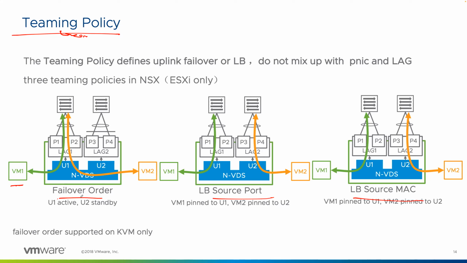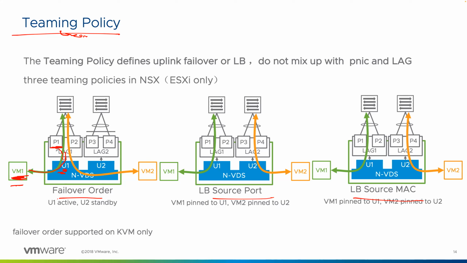If we look at the failover order, you can see VM, virtual machine 1, P1 is the active adapter. It's the primary adapter to go out, or you should just remember that VM1 goes to U1 first.